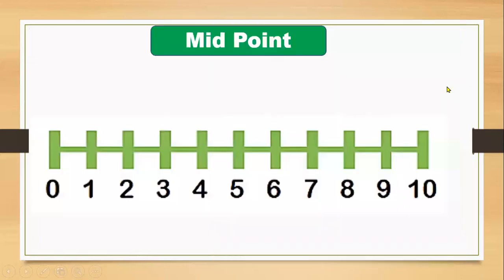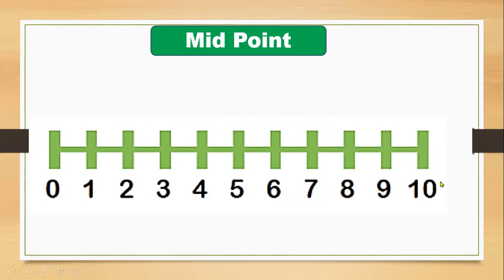So let's talk about the midpoint. Here we have the numbers from 0 to 10. You can read 0, 1, 2, 3, 4, 5, 6, 7, 8, 9 and 10. Our numbers start from 0 and finish at 10, so this is our first decade number, 10.